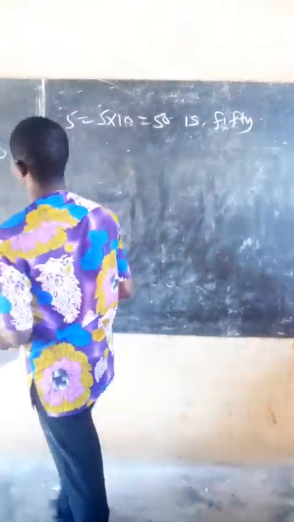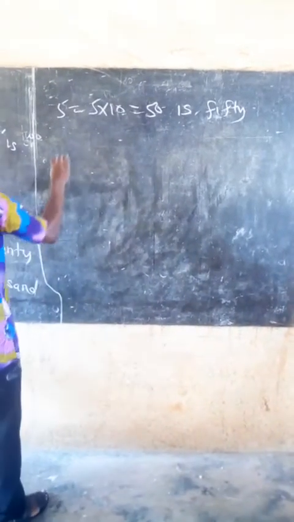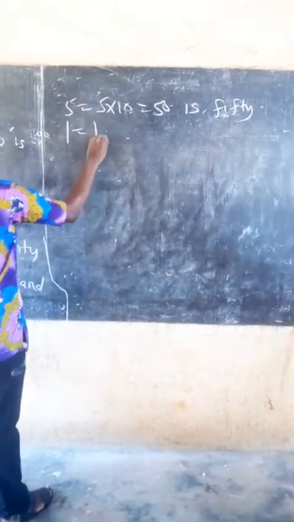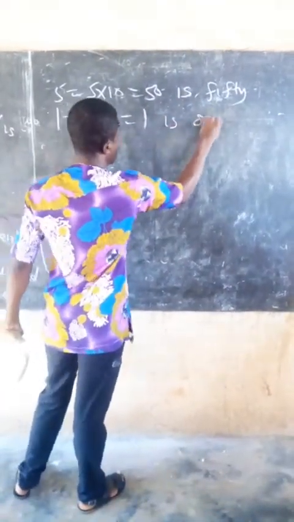Last, we have 1. 1 is in 1. 1 times 1 is 1, and it's written as 1.